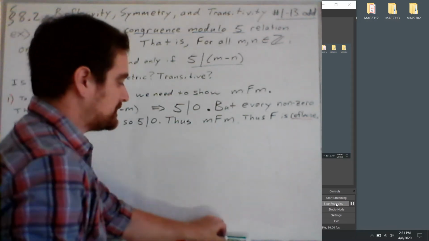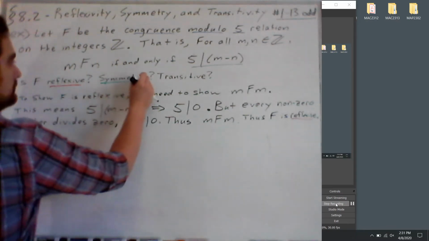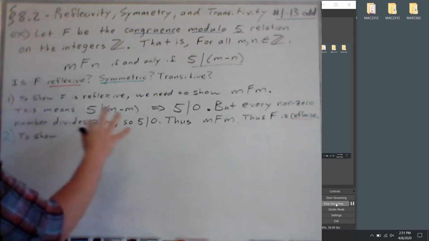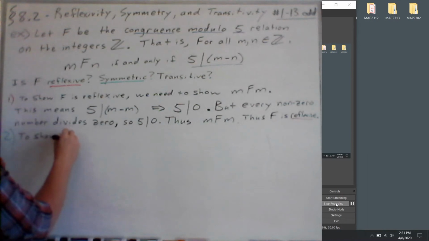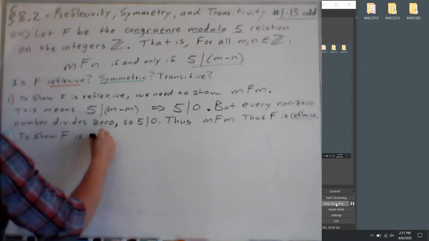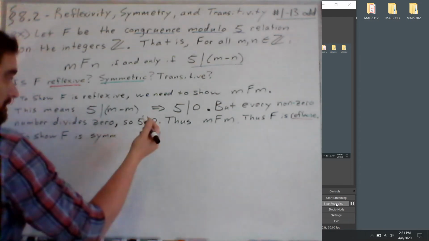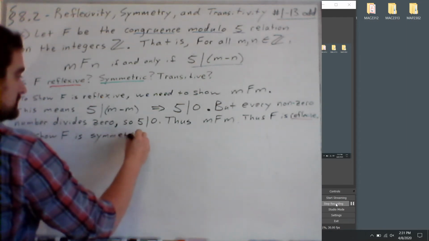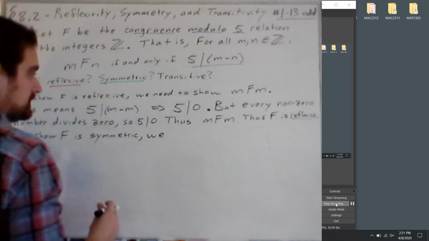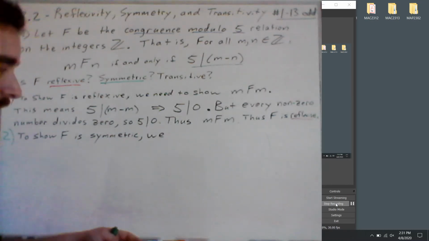For the symmetric property, again, similar argument here. You don't need to do a full-blown proof, but I need to see the logical thought. We want to show that f is symmetric, or maybe come up with an example that shows it isn't. But we need to figure out first what we need to do and what we need to not do.